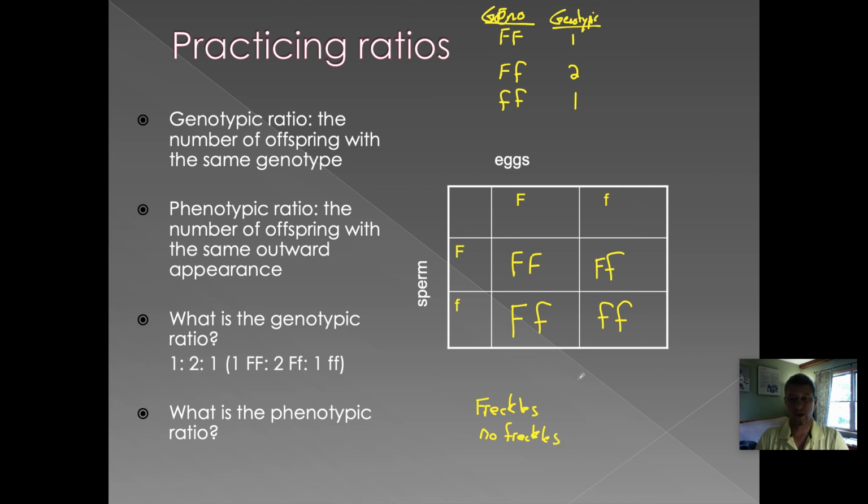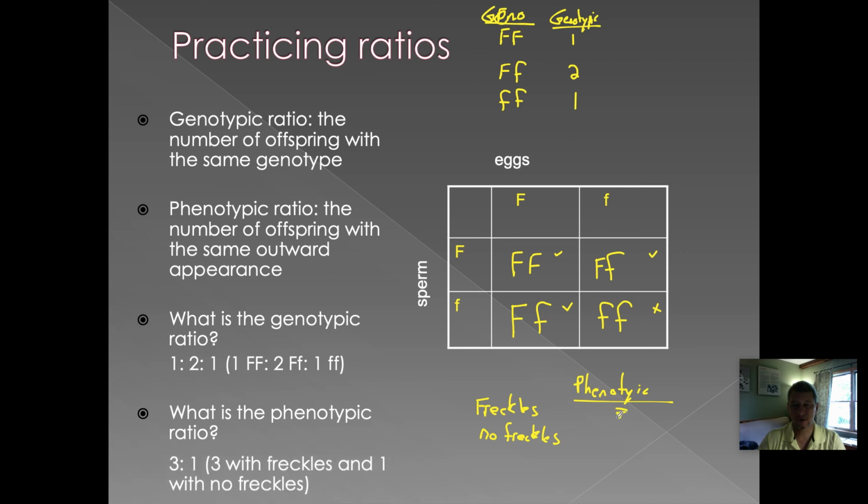And so the phenotypic ratio in this case: well, how many of these kids have freckles? Well, that's a yes, that's a yes, that's a yes, and that's a no. So 3 freckles to 1 no freckles. And so the phenotypic ratio is 3 to 1.